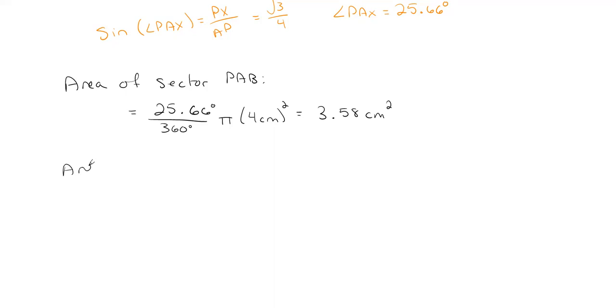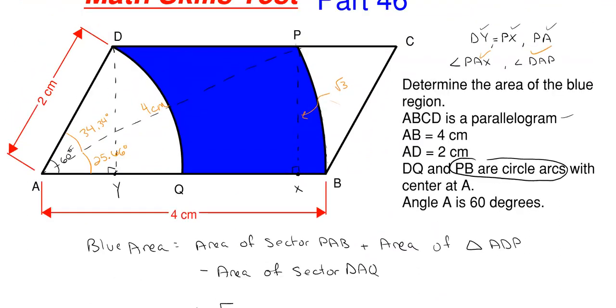Alrighty, so now moving on to the second portion, which is the area of triangle ADP. Well, this is just going to be 1/2 base times height. So I have 1/2. My base of my triangle is 4 centimeters. And just to refresh you here, we're looking at this top one right here.